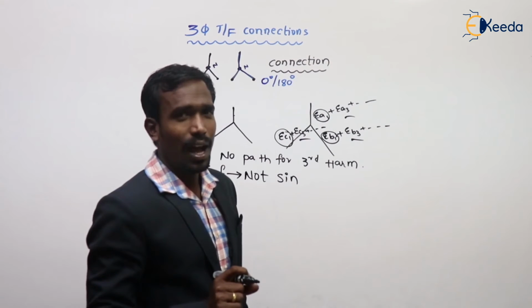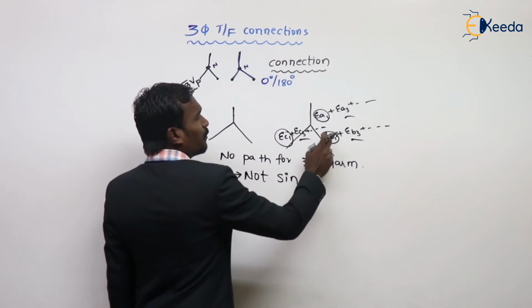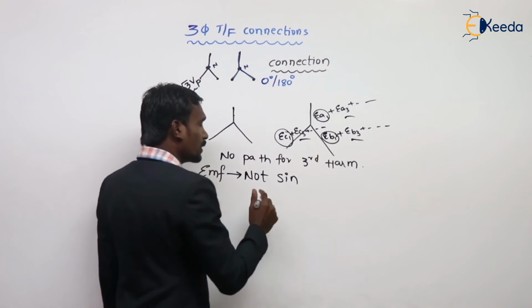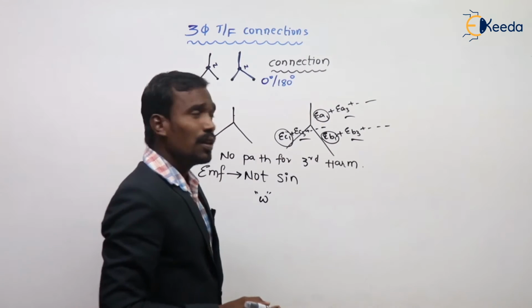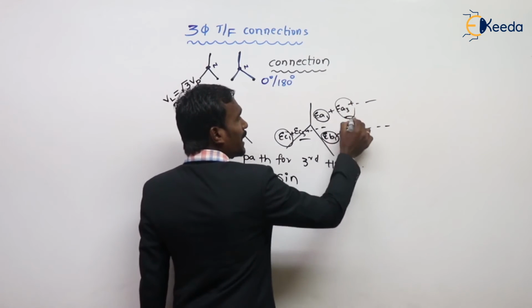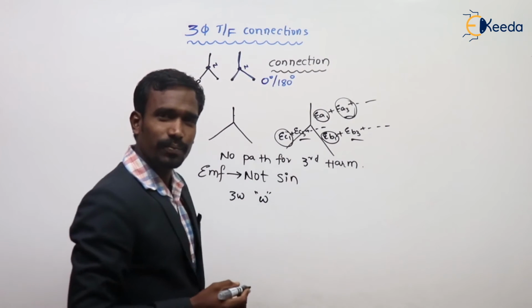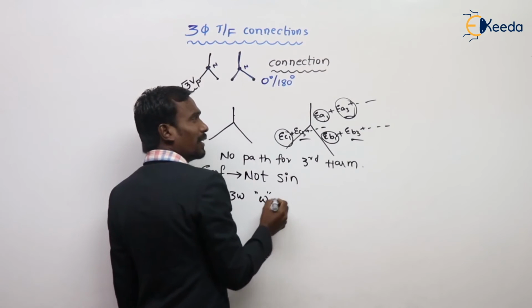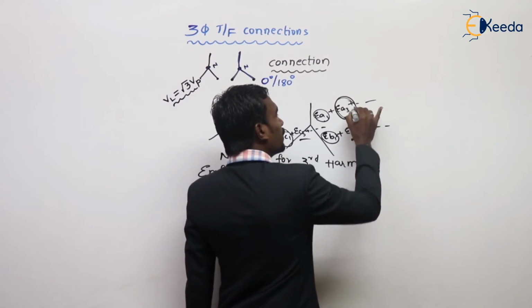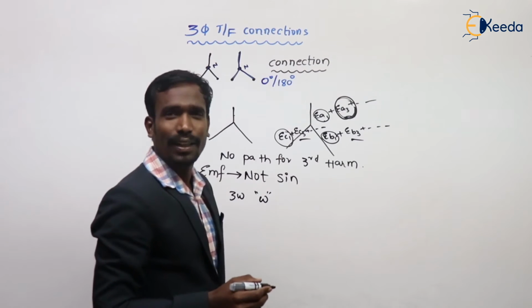And also, generally the fundamentals rotate with omega angular velocity, but the third harmonics rotate with 3 omega angular velocity.